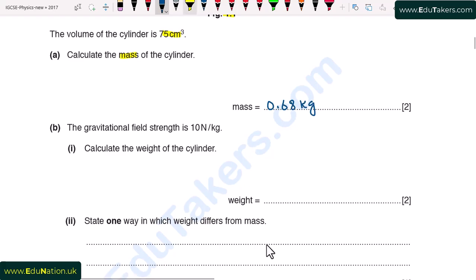kilogram. Part B. The gravitational field strength is 10 Newton per kilogram. Part 1. Calculate the weight of the cylinder. Here we have to find out the weight of the cylinder when the gravitational field strength is given. So first of all, we know that weight is the product of mass and gravitational field strength. I write here weight is equal to mass multiplied by gravitational field strength.